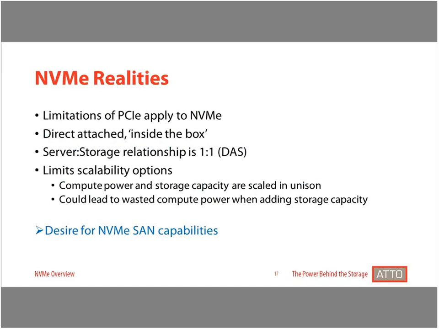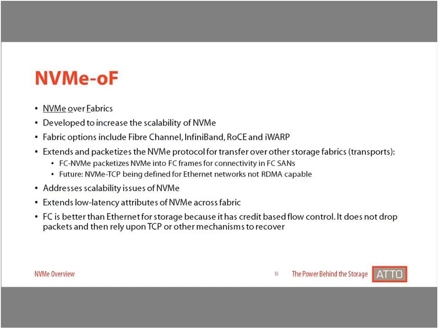One of those ways is through a storage area network. The other way is through network attached storage. What we'll talk about here is how that storage is shared over fabric, either Fibre Channel or Ethernet.